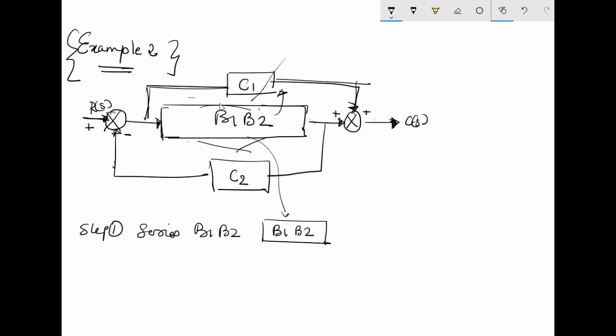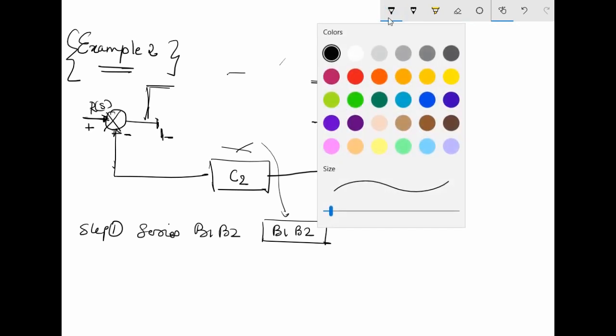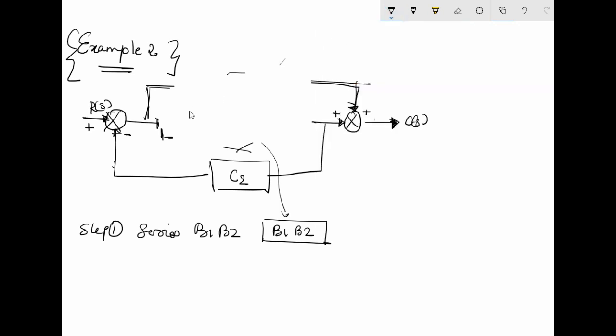So here there is B1 B2 as it is, because there is no difference, and then moving this side, it becomes C1 divided by B1 B2.